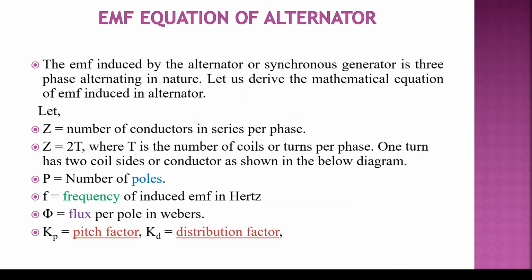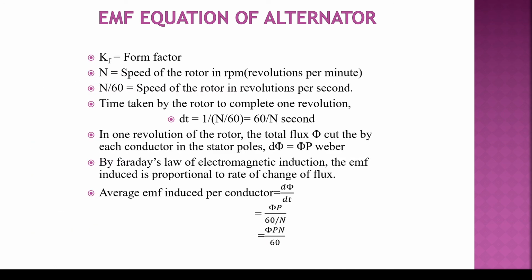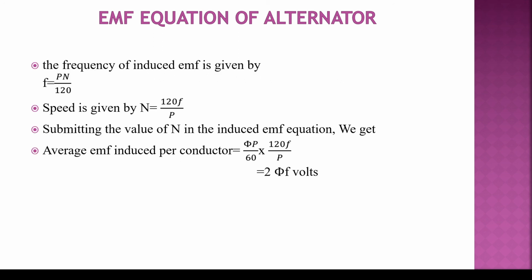Then we have seen the EMF equation of alternator. According to Faraday's law of electromagnetic induction, EMF induced will be proportional to the rate of change of flux, that is d phi by dt. So d phi value is phi p and dt value is 60 by n. So phi p by 60 by n will give us phi p n by 60, and when we substitute the value of n as 120 f by P, we are going to get the average EMF induced per conductor as 2 phi f volts.